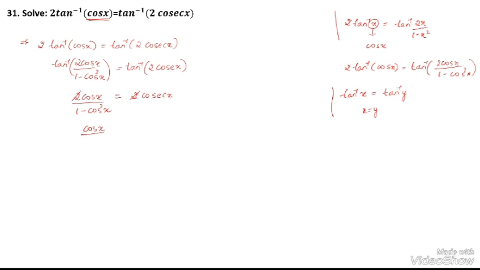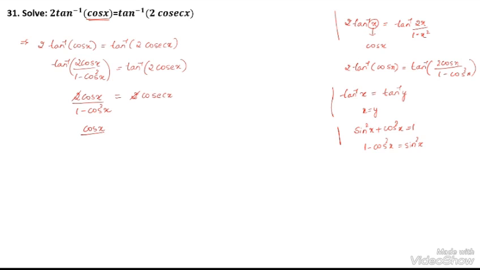Again, here 1 minus cos square x. By using the identity sin square x plus cos square x is equal to 1, here there is a 1 minus cos square x. It means taking cos square x on the right side, we have sin square x.